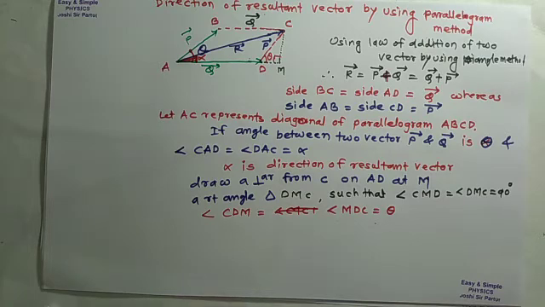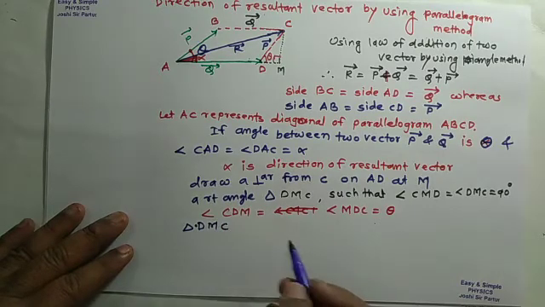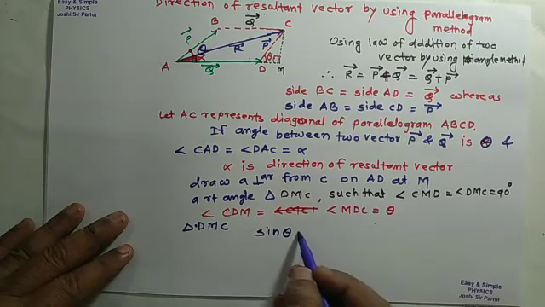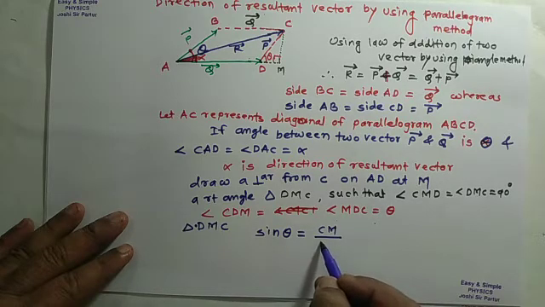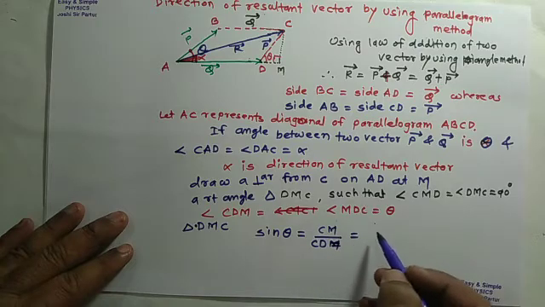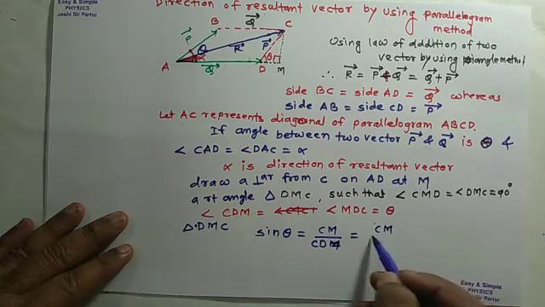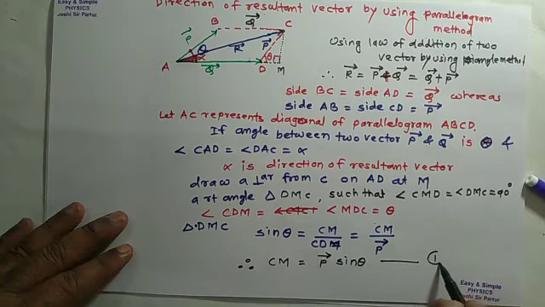In triangle DMC, sine of theta is equal to CM upon CD, which is equal to CM upon vector P. Therefore, CM is equal to vector P sine of theta, considered as equation 1.